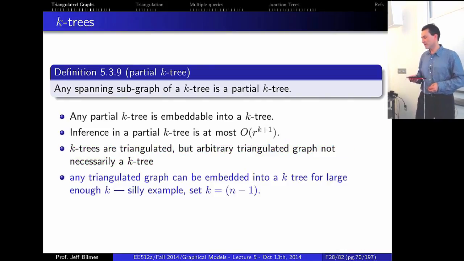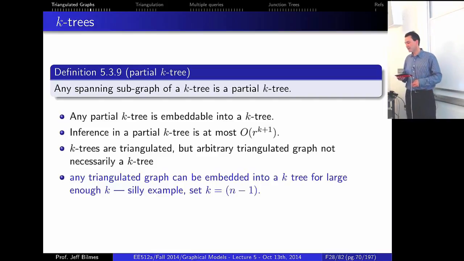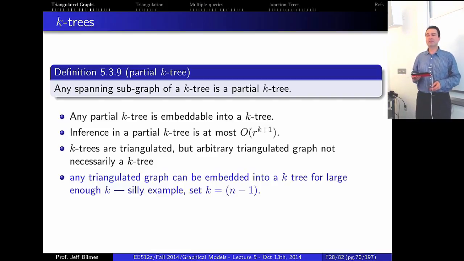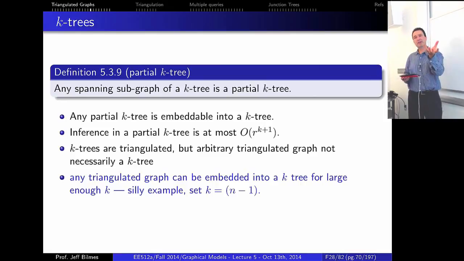However, what we do have is that any triangulated graph can be embedded into a K-tree for a large enough K. And you can think about what we're trying to do here: we want to take a triangulated graph and embed it into a K-tree for K being as small as possible.